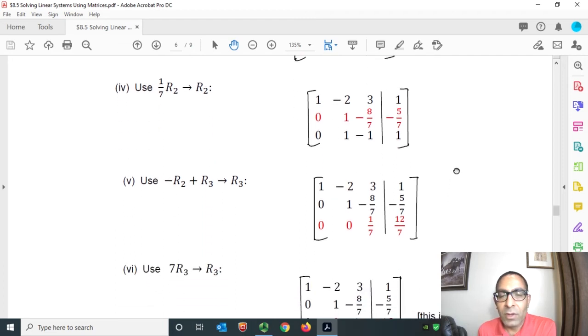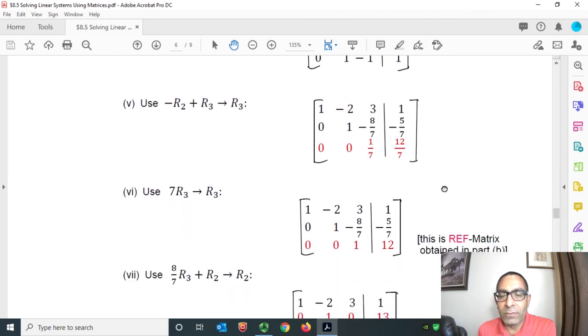Next, we want to make 0 on this entry below this 1 diagonal entry. So we multiply row 2 by minus 1 and add to row 3 and replace row 3 by this result. This gives me 0 here. Row 1 as it is, row 2 as it is, now row 3 changes.